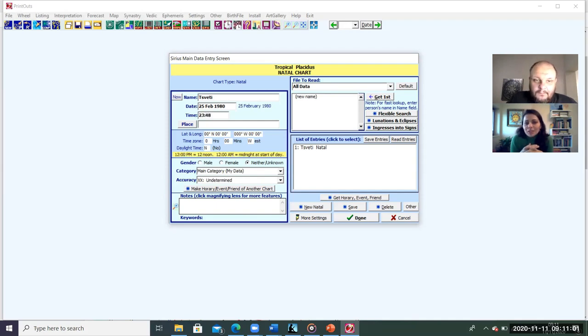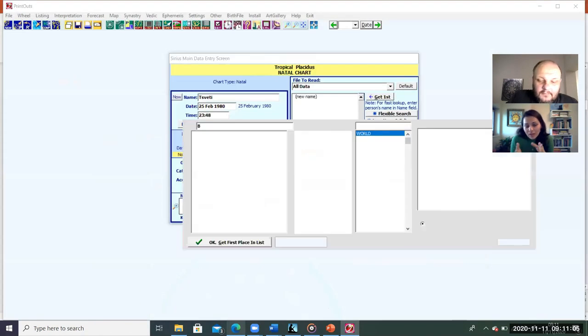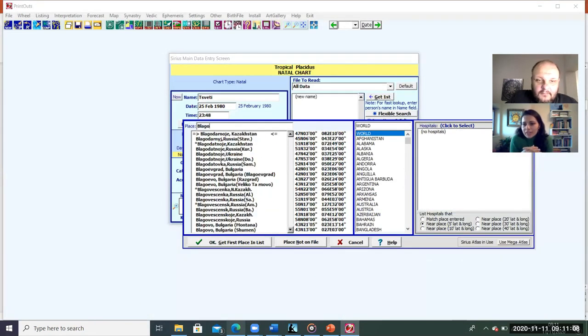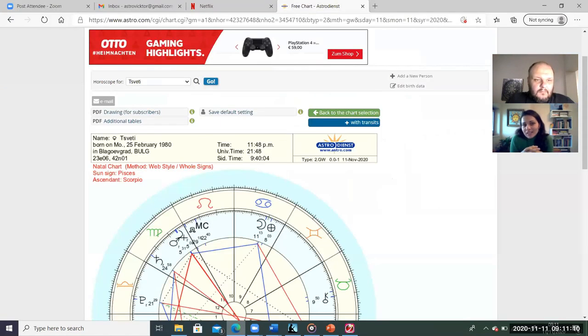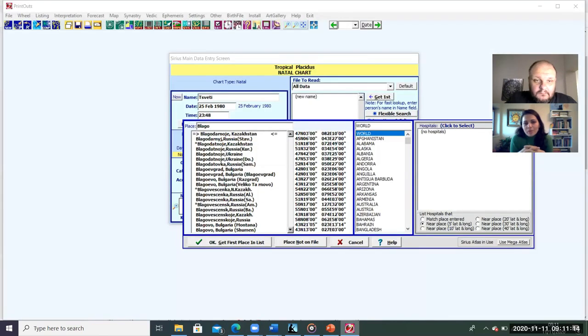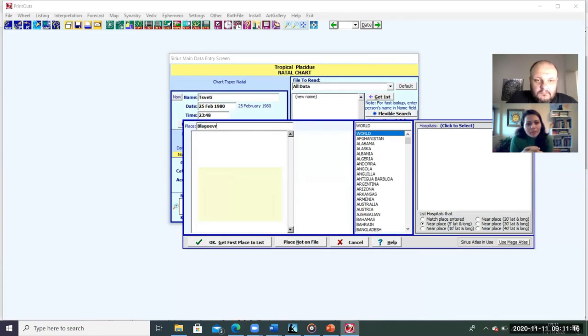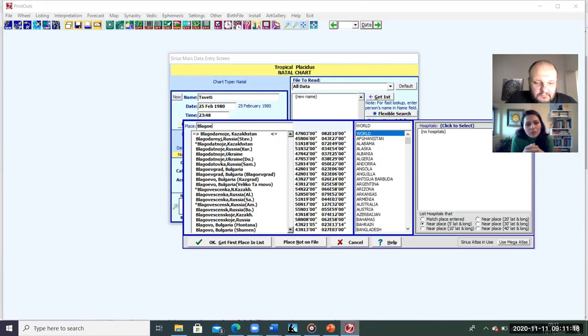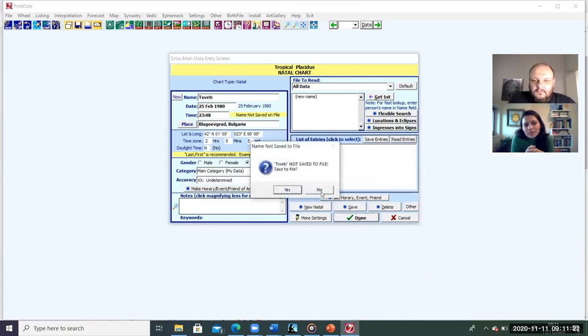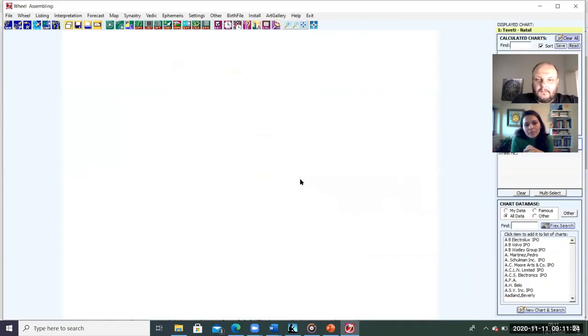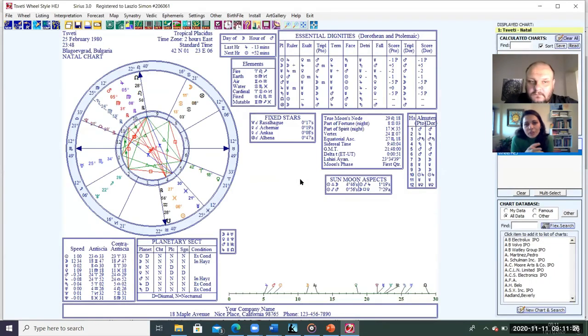I can see you're putting up my chart, and we will take a look at it. I have an opposition between Mercury and Saturn, and we can see that actually Saturn is not hurting that Mercury so much. Now that you display the essential dignities table, you will see that I have Saturn in Virgo.